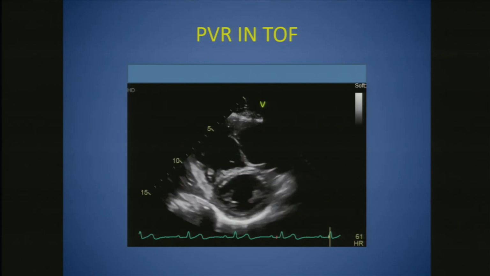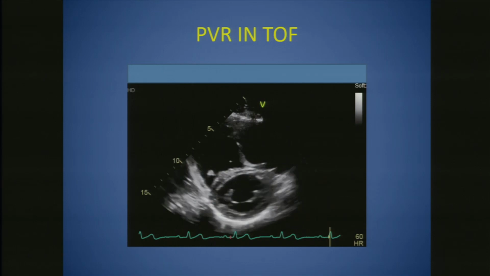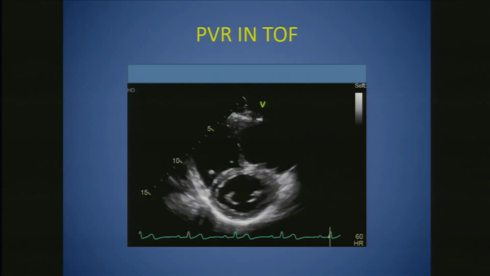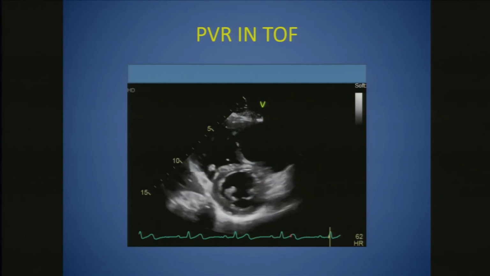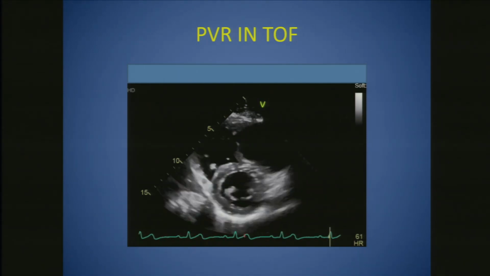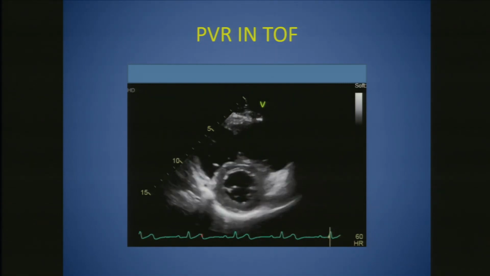And then a parasternal short axis view with a very dilated right ventricle and more normal dimensions of the left ventricle, but because of the pulmonary regurgitation, the right ventricle is significantly enlarged.